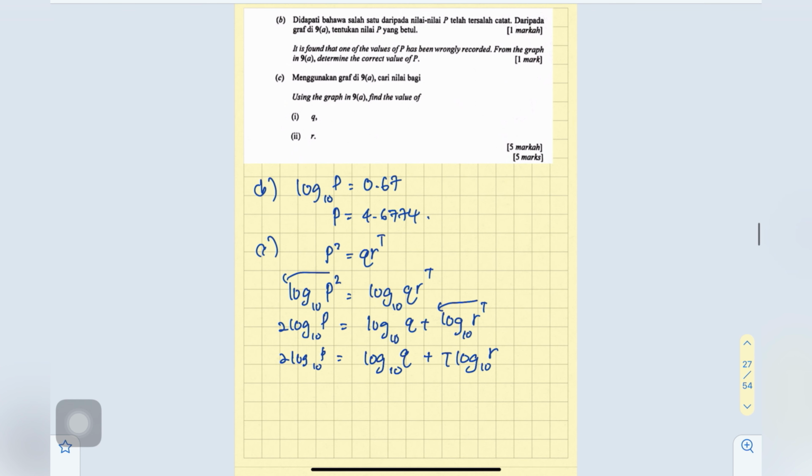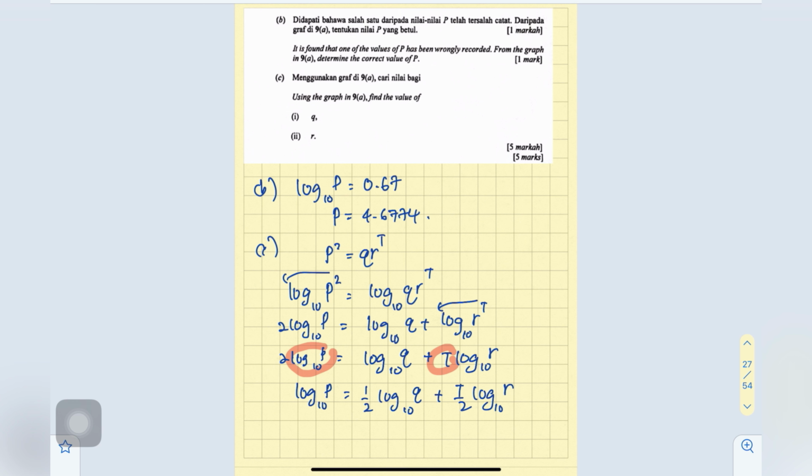Okay, so kita tahu from the question, ini kita punya big Y. So kita kena jadikan dia seorang-seorang. So therefore log P base 10 equals semua divide by 2. So this one 1 over 2 log Q base 10 plus T over 2 log R base 10.